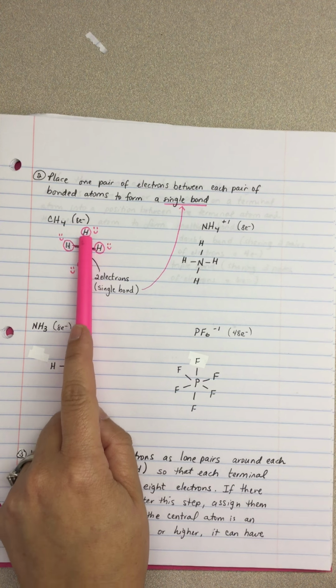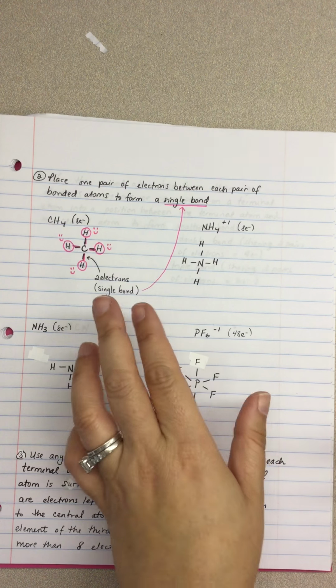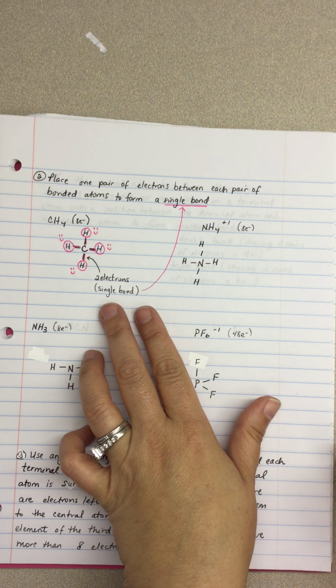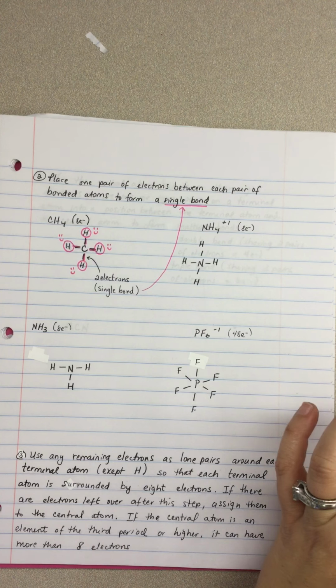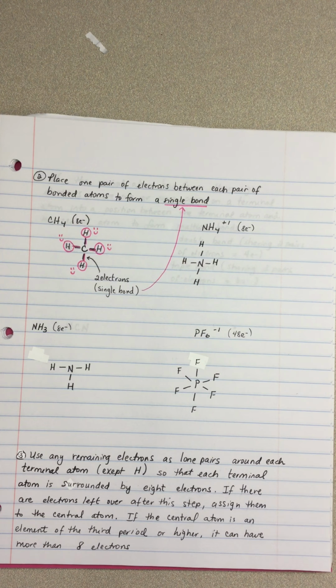So for carbon, you have 8 electrons around, and carbon has a complete octet. We have a complete octet for the hydrogens with just 2 electrons in each one, and a complete octet in carbon with 8 electrons around. So that's the correct Lewis structure for that molecule.